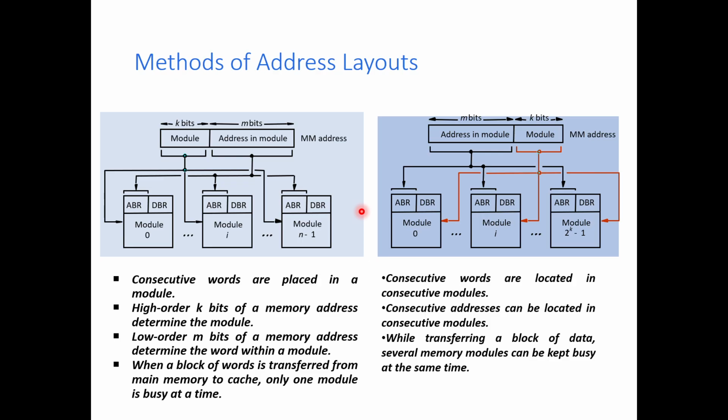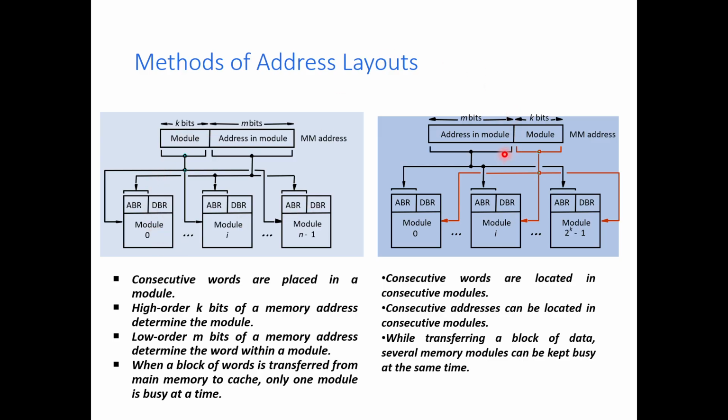Then for the interleaving concept, we have two types. Here the consecutive words can be placed in one particular module, then others in the second module, third module. If you want to get one particular set of words, you go to module 1 and get this data.